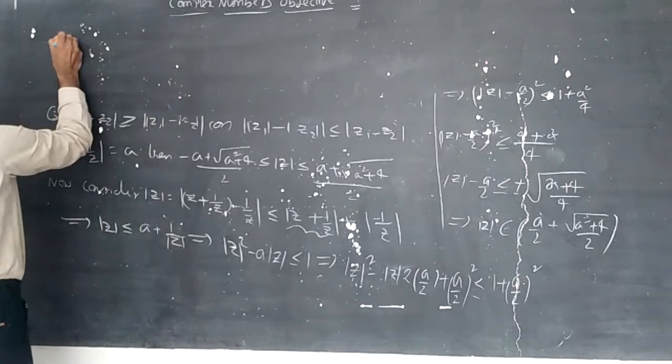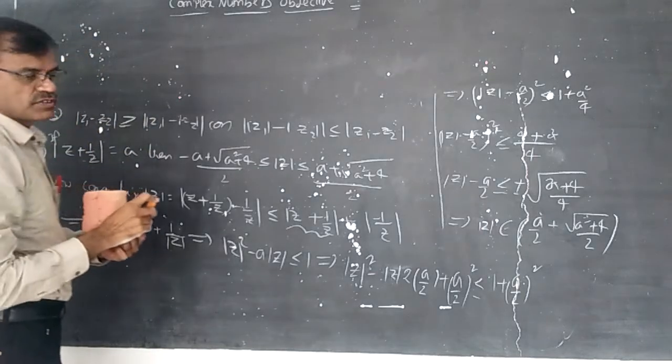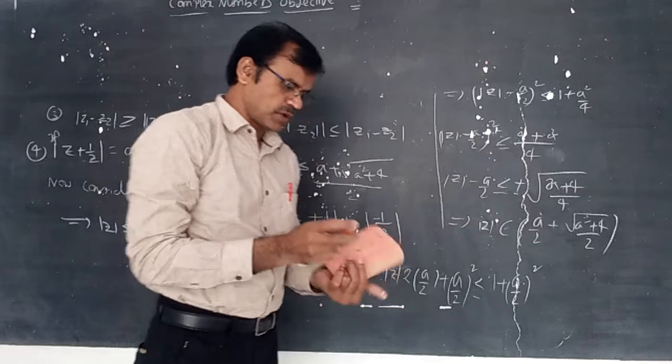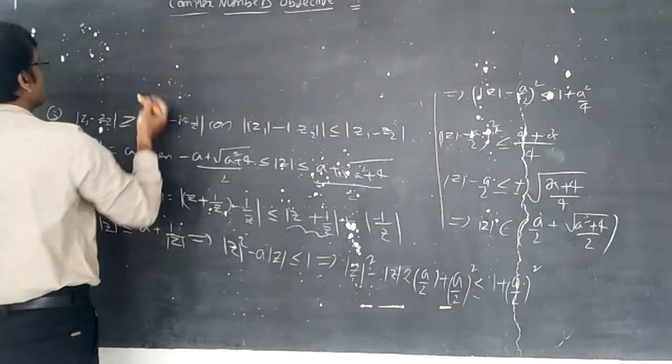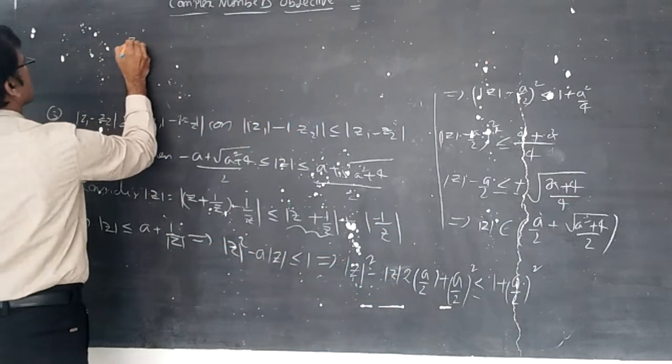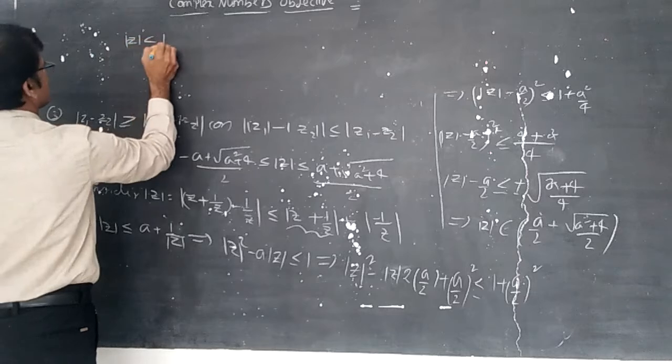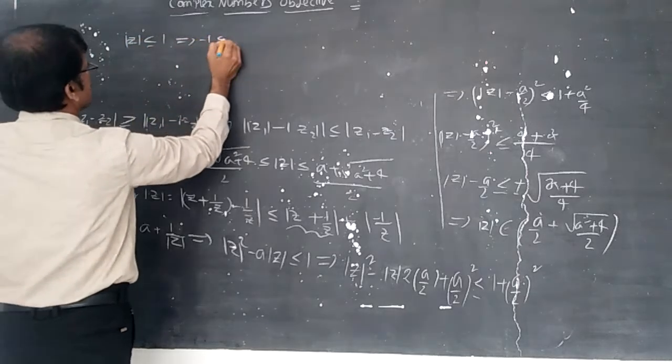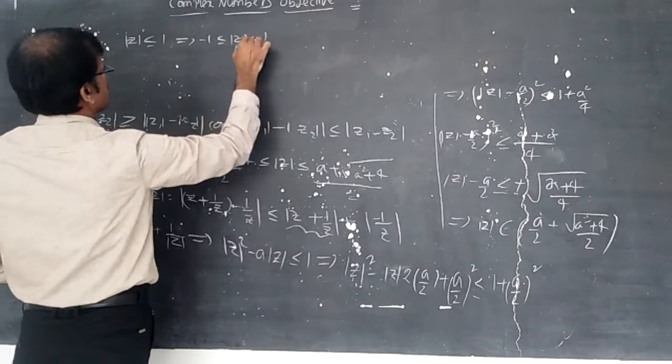Therefore, I am writing the property of this complex number using this one. I am just making you remember the formula: modulus z less than or equal to 1 implies minus 1 less than or equal to modulus of z less than or equal to 1.